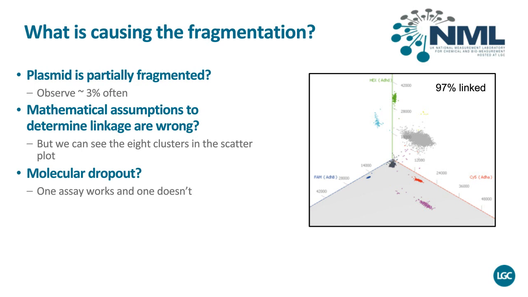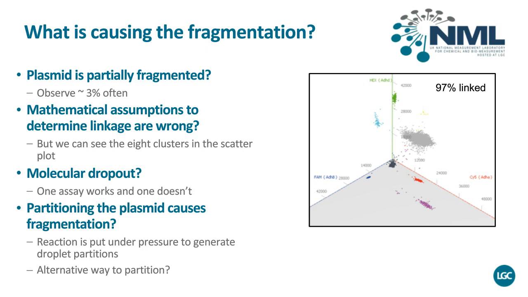Perhaps in this case, the assays are compromising one another. So one assay is working and another one isn't. And then the other thing we want to look at is perhaps that partitioning step is causing some sort of fragmentation. When you look at the chamber-based methods or the droplet-based methods, at some point the reaction goes under high pressure. Perhaps somehow we're causing fragmentation.